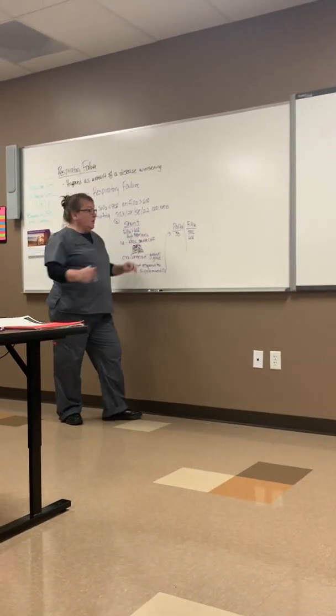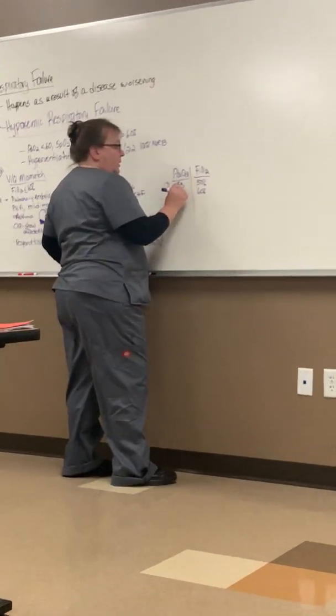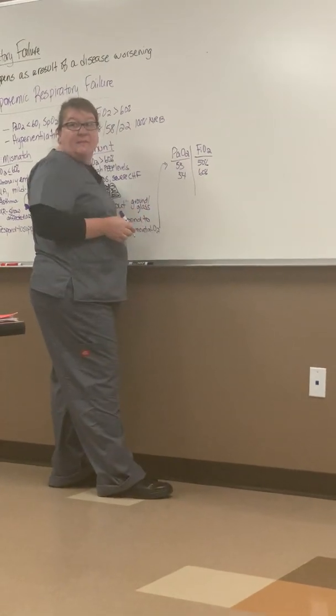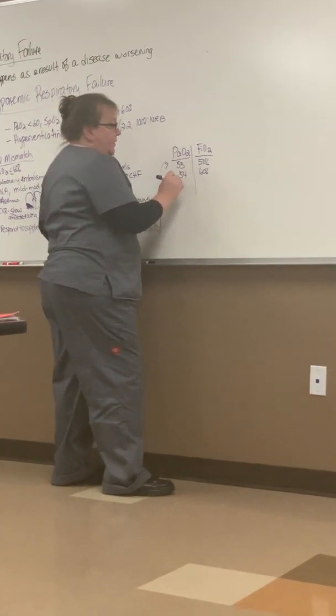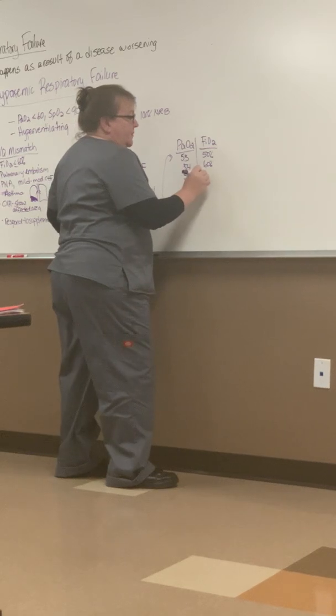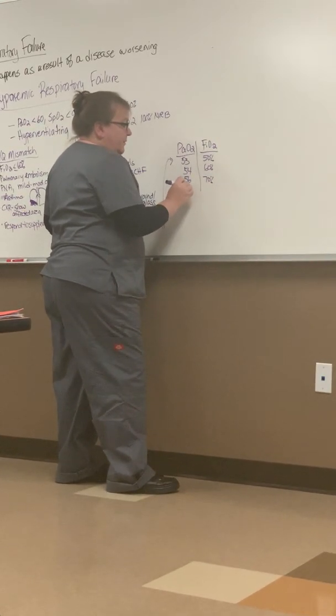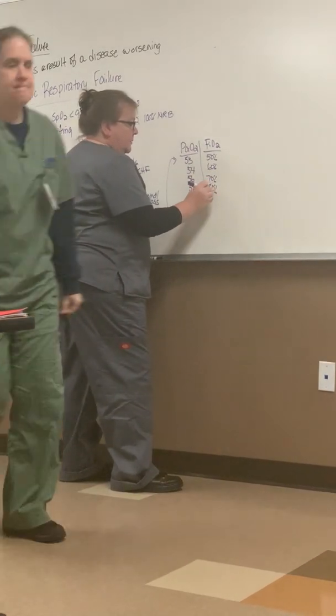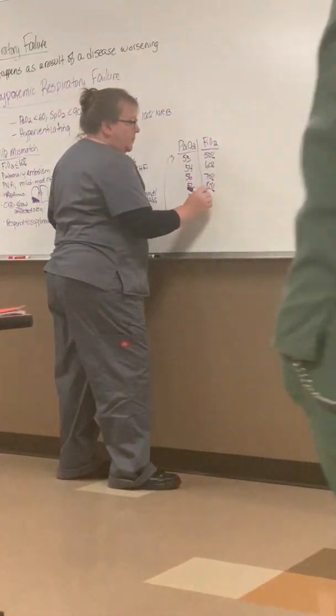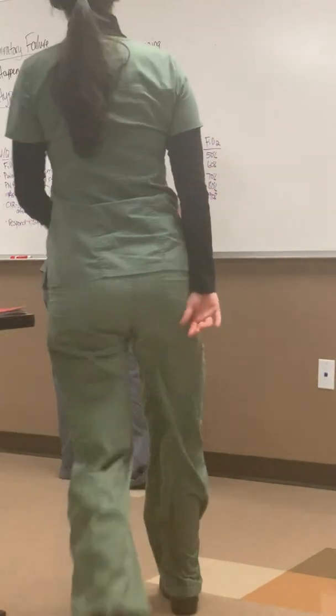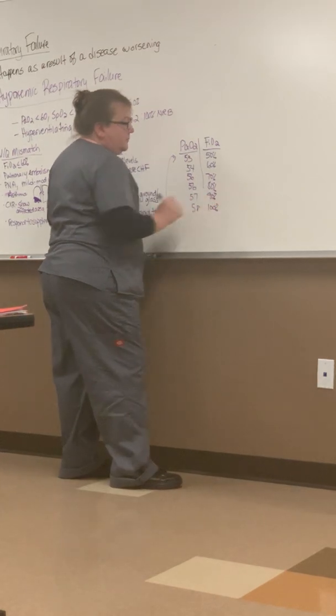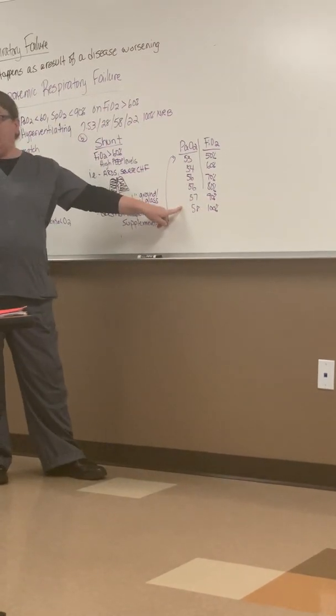In a shunt patient, what will happen is it won't really change. It might go to 54 or 55, but it's nothing significant. 56 on 70%, 56 on 80%, 57 on 90%, 58 on 100%. So that is refractory hypoxemia.